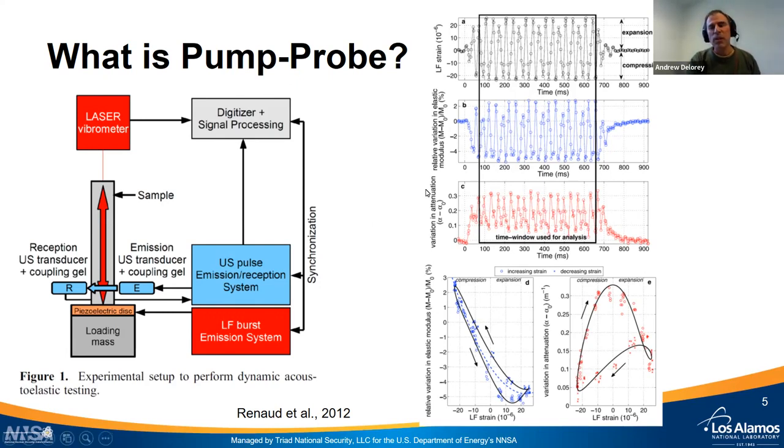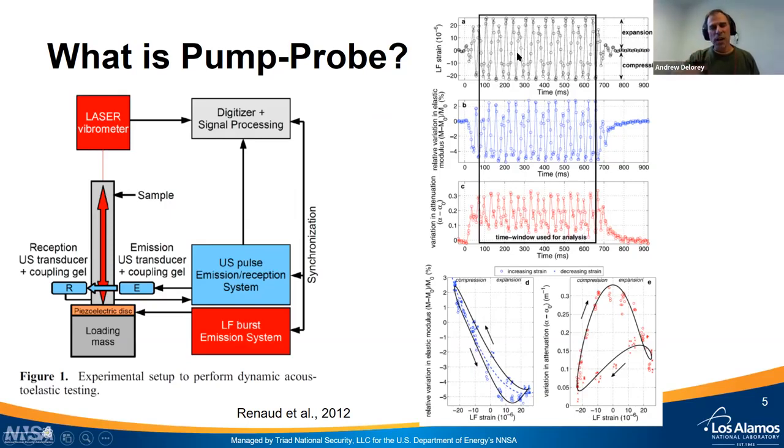And so if we look on the right-hand side, on the top axis, this gray figure, this is the low frequency strain. And so these are values of the strain over here, where it's being pumped up and down. And all these circles on here represent measurement points.